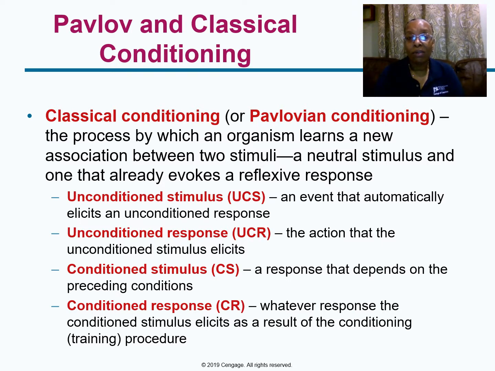What happens is it'll result in a new type of response, and that's what we call the conditioned response. This conditioned response will be to that conditioned stimulus. So Pavlov basically believed that the conditioned response would be the same as the unconditioned response, except quantitatively, meaning that it's something observable that we can actually measure.